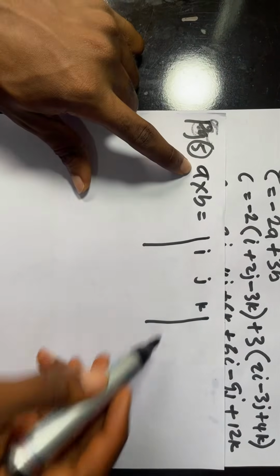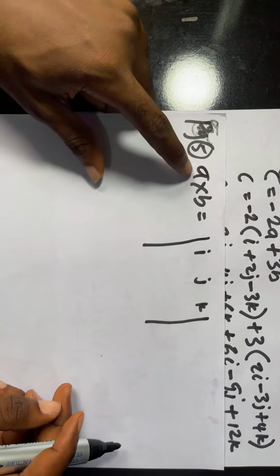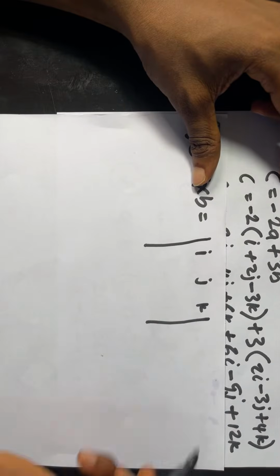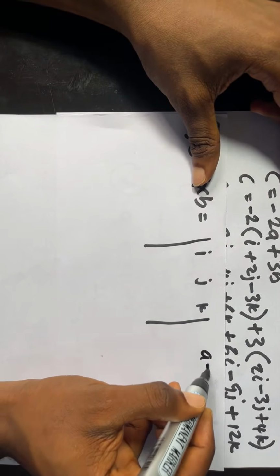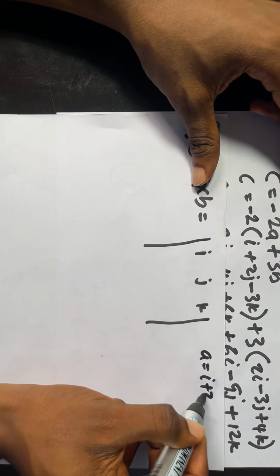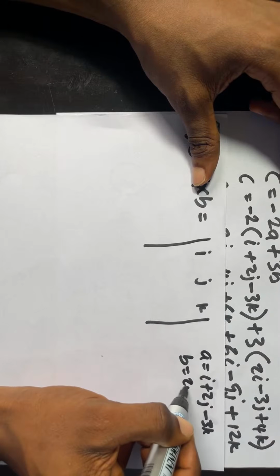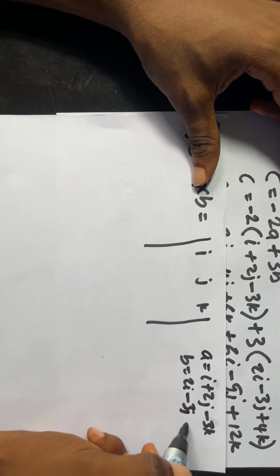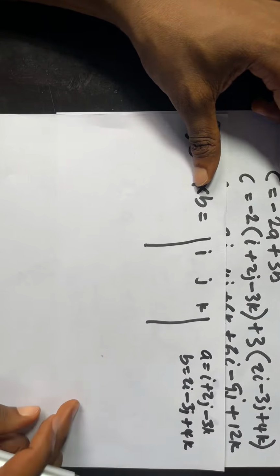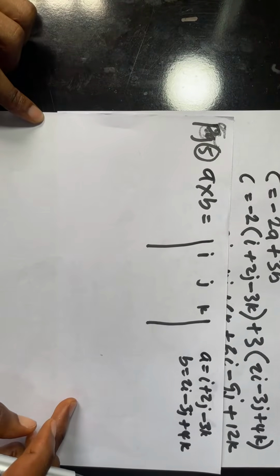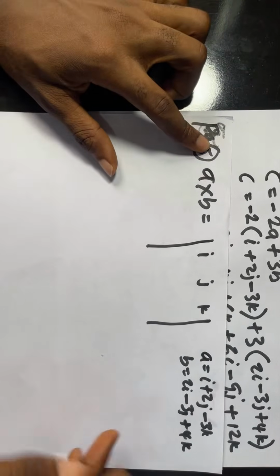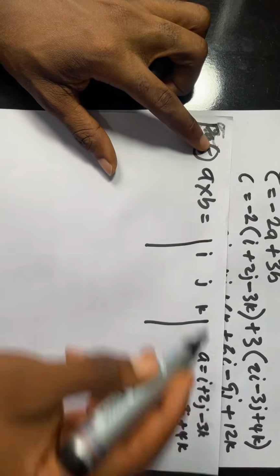That's under A. We'll write it down here. Now, recall that my A is equal to I plus 2J minus 3K. My B is equal to 2I minus 3J plus 4K.